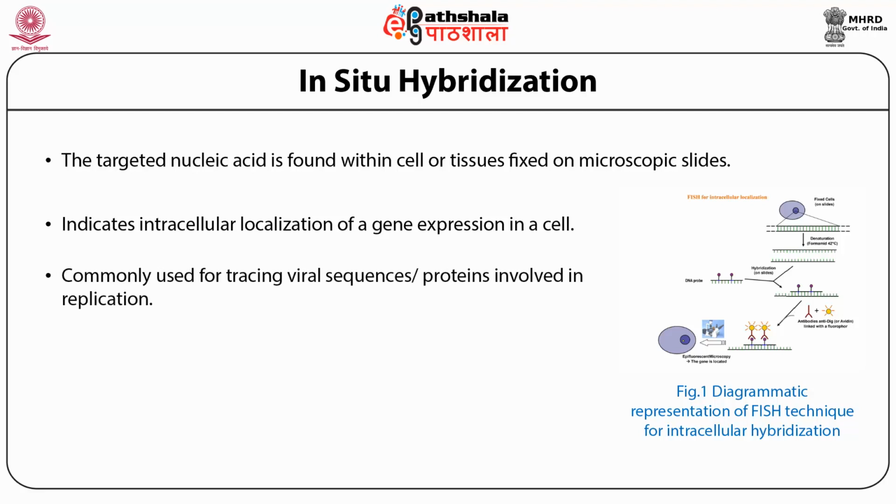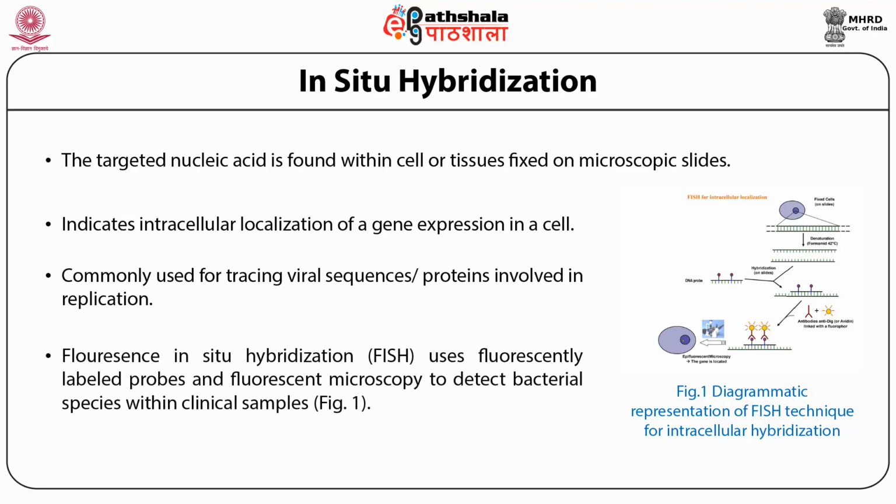It is commonly used for tracing viral sequences, proteins involved in replication, etc. The most common in situ hybridization is fluorescent in situ hybridization, which uses fluorescently labeled probes and fluorescent microscopy to detect bacterial species within the clinical samples.